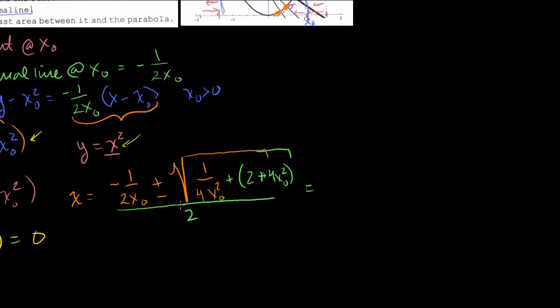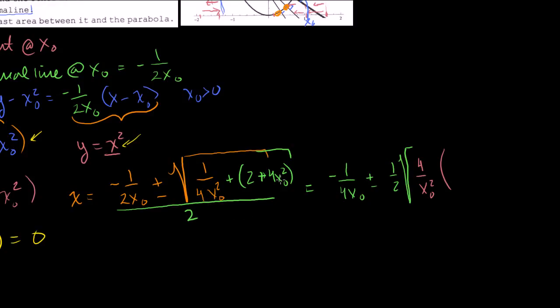well, I could just divide everything by 1/2. So this is minus 1 over 4 x naught. I just divided this by 2. Plus or minus 1/2. That's just this 1/2 right there. Times the square root. And let me see what I can simplify out of here. So if I factor out a 4 over x naught squared, then what does my expression become?